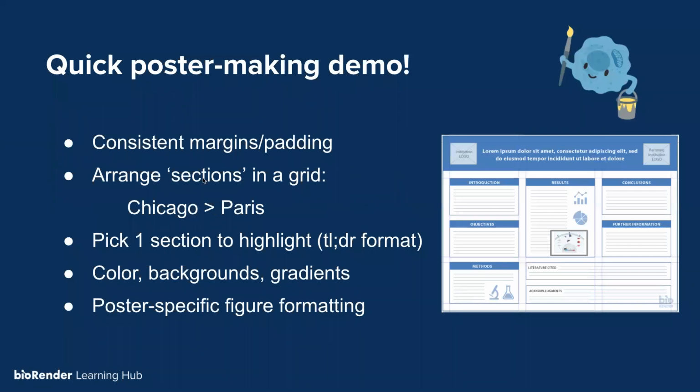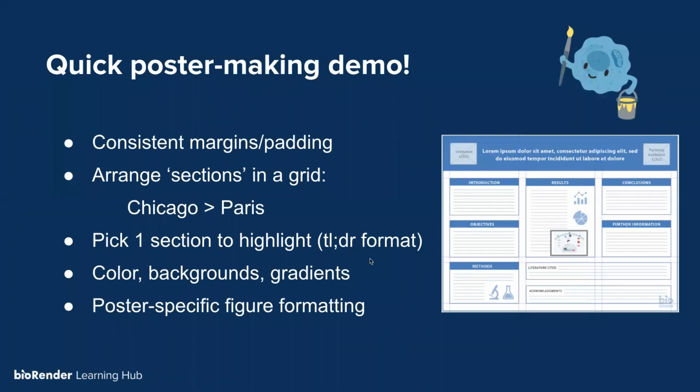Okay, so going back as a refresher on the five general concepts that we'd love to cover in this poster making demo: consistent margins and padding. Again, going through using grid lines, making sure there's enough padding between the logo, title, and subheadings. I'd also arrange your sections in a grid, as I mentioned, thinking about that Chicago versus Paris map.